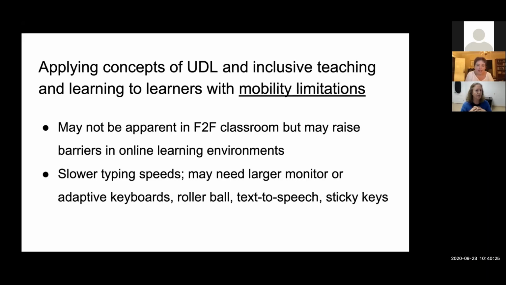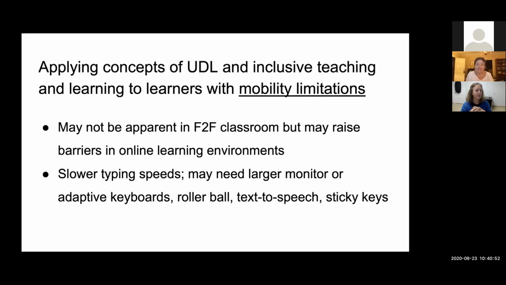So keeping that in mind and offering things like note takers, but also providing outlines of lecture notes, allowing, if possible, if it's in a face-to-face classroom, allowing the student to have a recording of the lecture such that they can go back and review content at a later time.